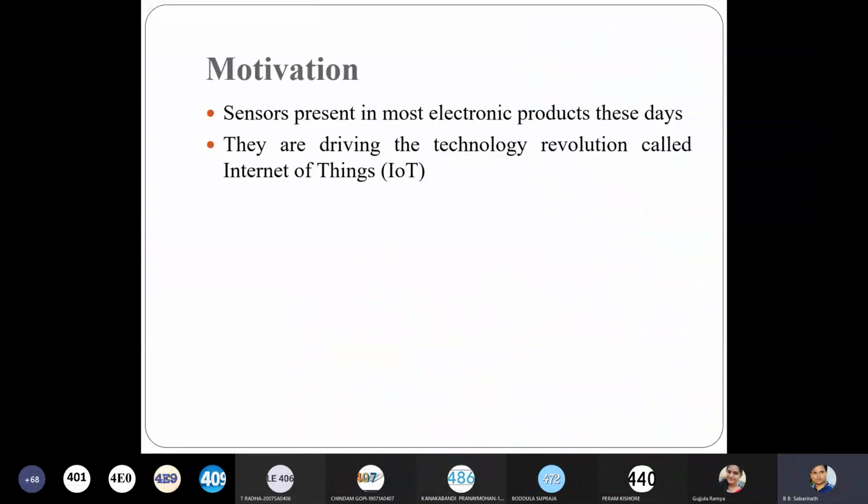The basic motivation behind learning sensors is that you find sensors in every electronic product. Even in a washing machine, for doing all the automation, you might have a water level sensor to detect the water level.